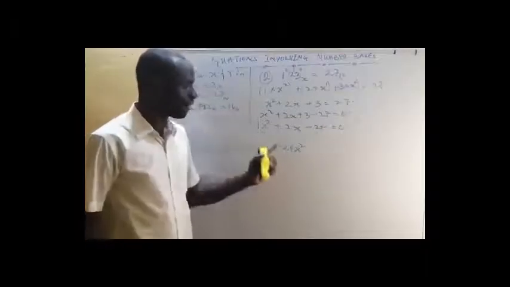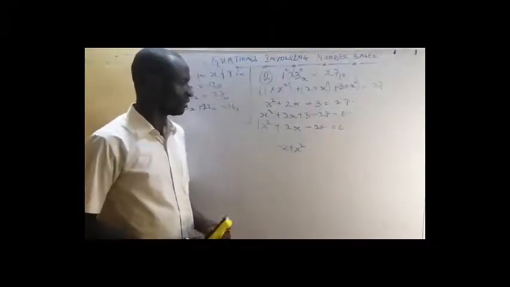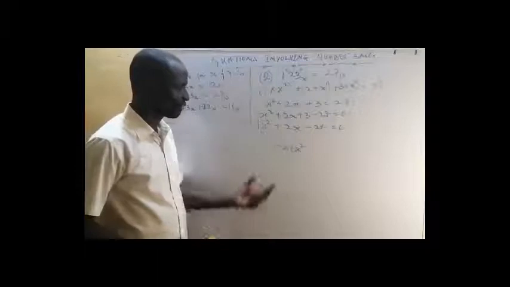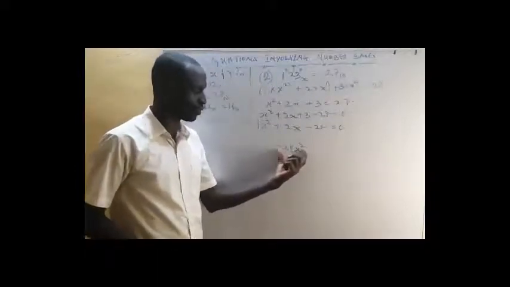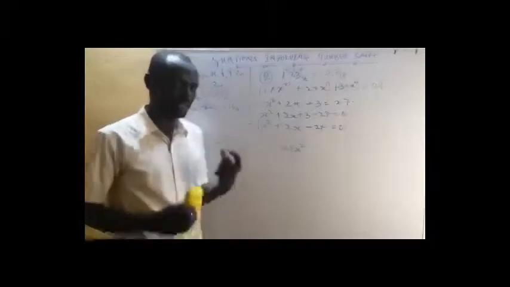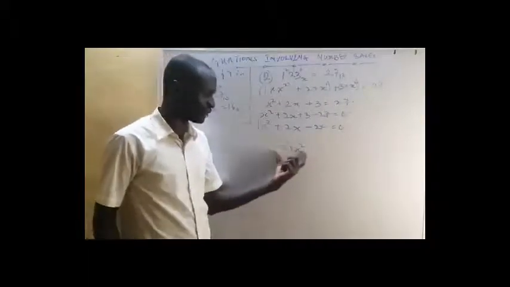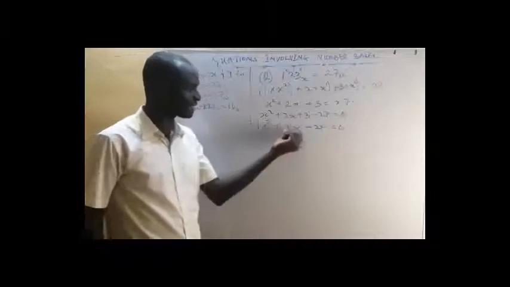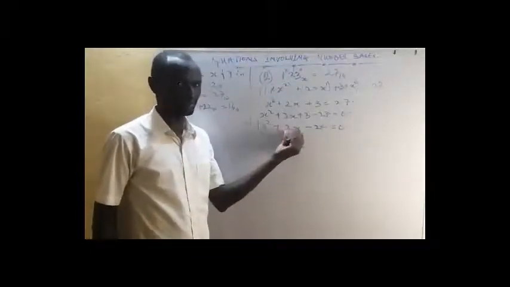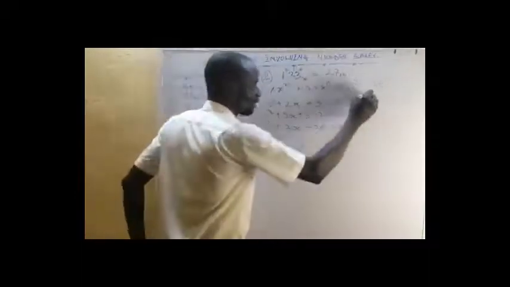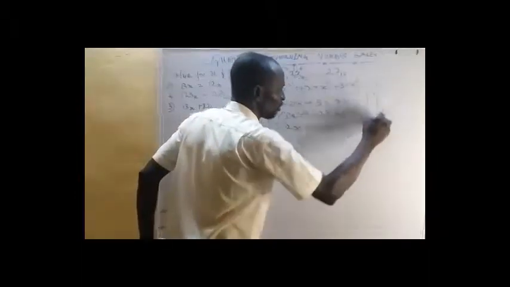Now, we have to look for factors. In solving the quadratic equation, I have to look for the factors of minus 24x squared that would multiply each other to give me minus 24x squared, and at the same time when I add them together, give me 2x. So let's look for the factors of 24x squared.